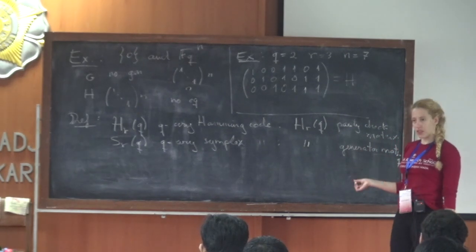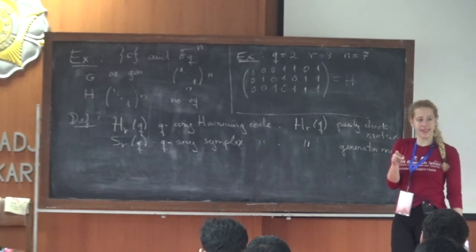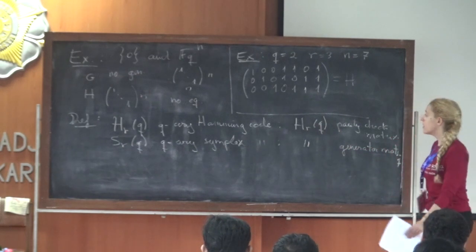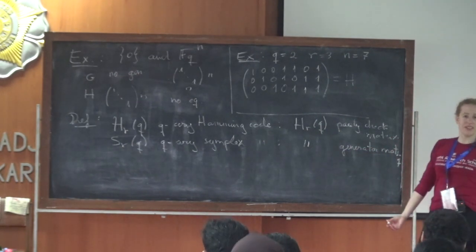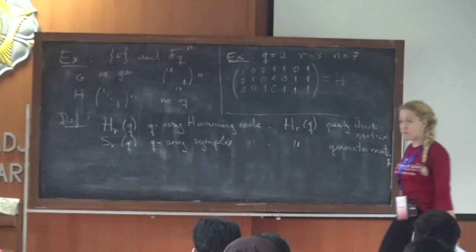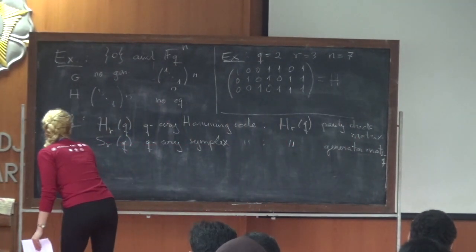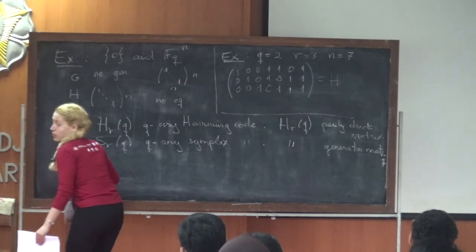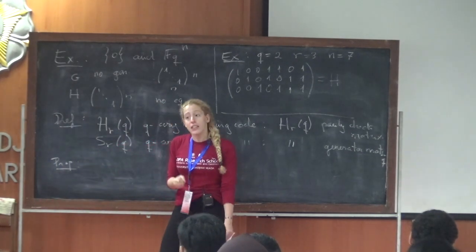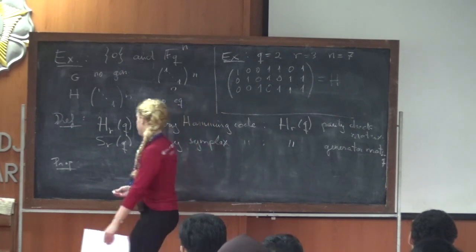Okay, so now you have the definition of this code. There is an exercise in the exercise sheet about these two codes. This gives us an easy example of dual codes. A remark, very easy: these two codes are dual.